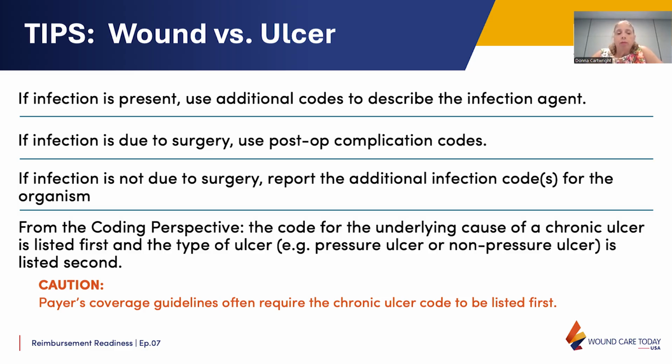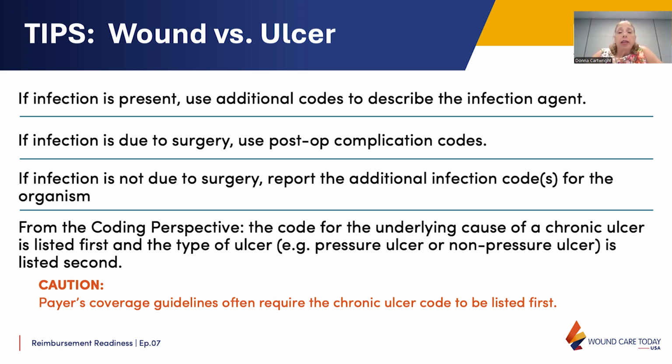And from the coding perspective, the code for the underlying cause of a chronic ulcer is usually listed first, and the type of ulcer, for example pressure ulcer or non-pressure ulcer, is listed second. However, I give you a caution because some commercial payer coverage guidelines often require the chronic ulcer code to be listed first.